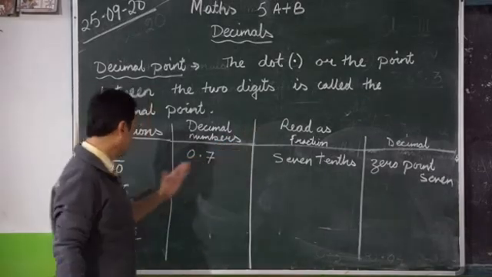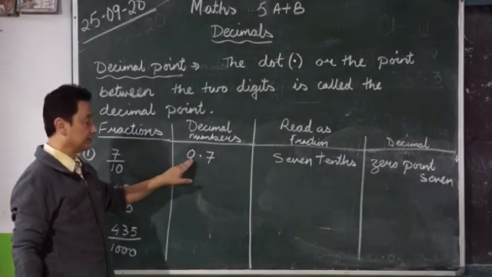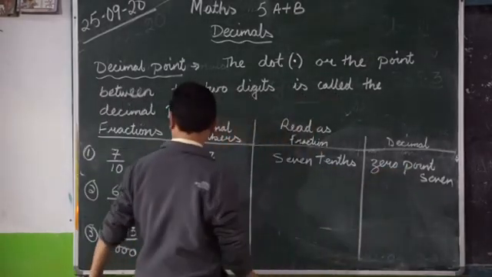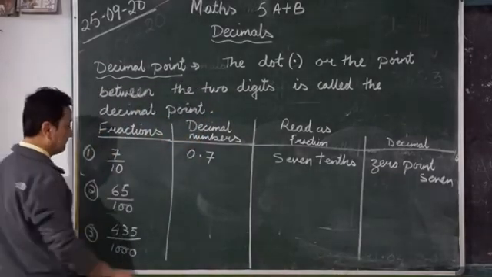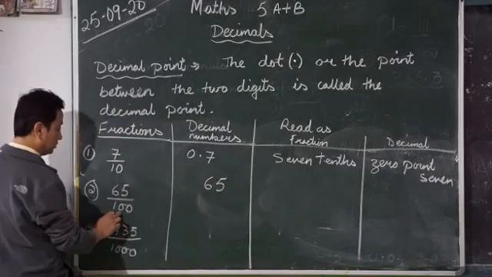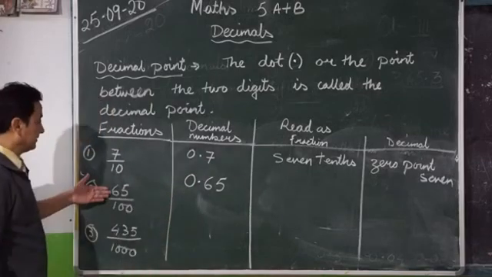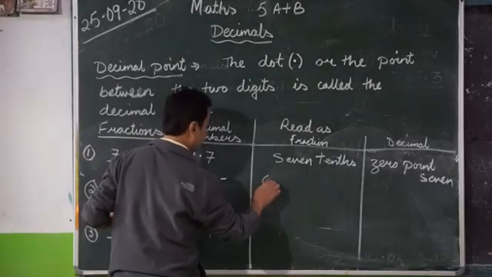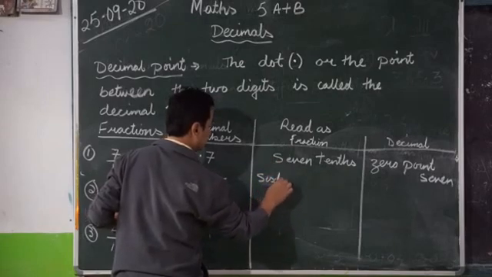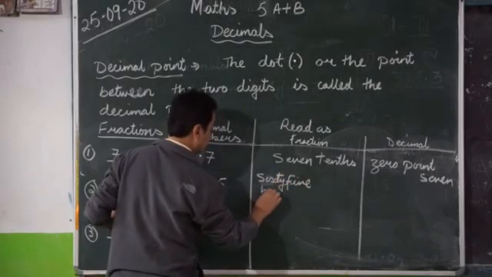Again, 7 tenths changing into decimal 0.7. First we read it as a fraction, 7 tenths. Read this as decimal, 0.7. Now we convert the second fraction into decimal. 1 2 point, 1 2 point 0. Now we read this as 65 hundredths.